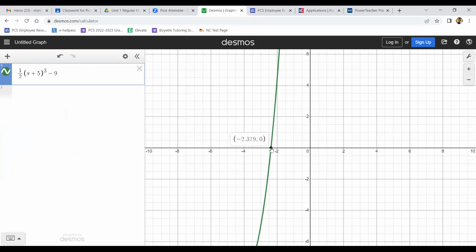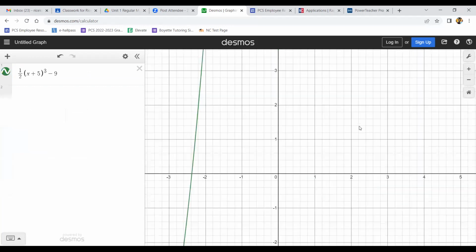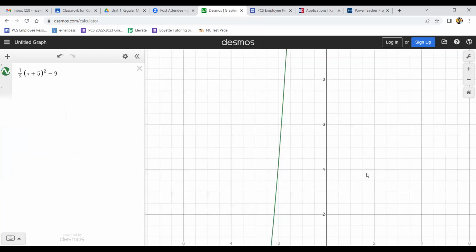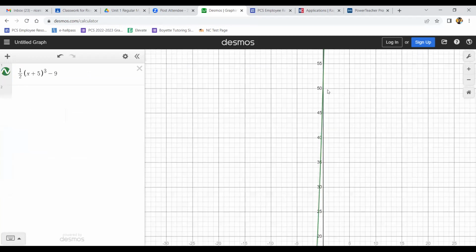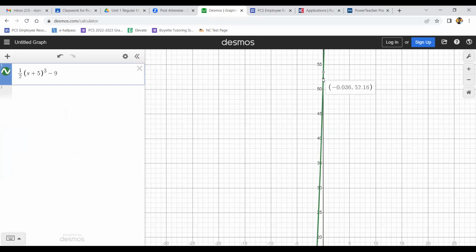So x-intercept negative 2.379, comma 0. And then the y-intercept looks like it's way up there. There we go. 0, comma 53.5.